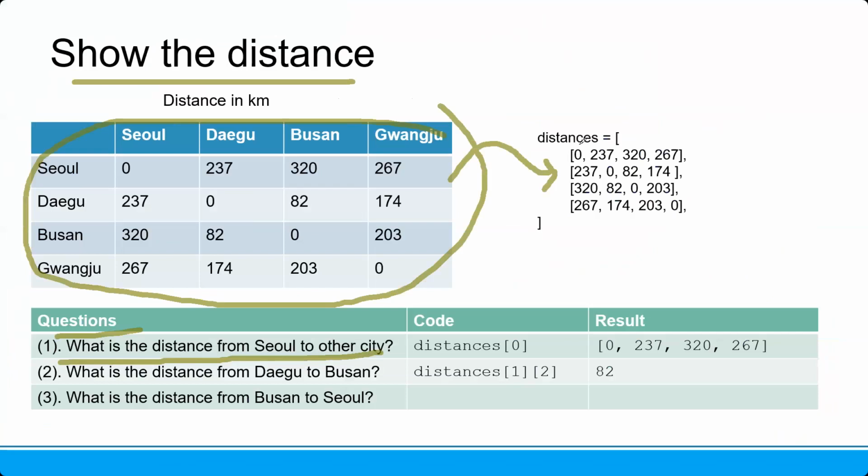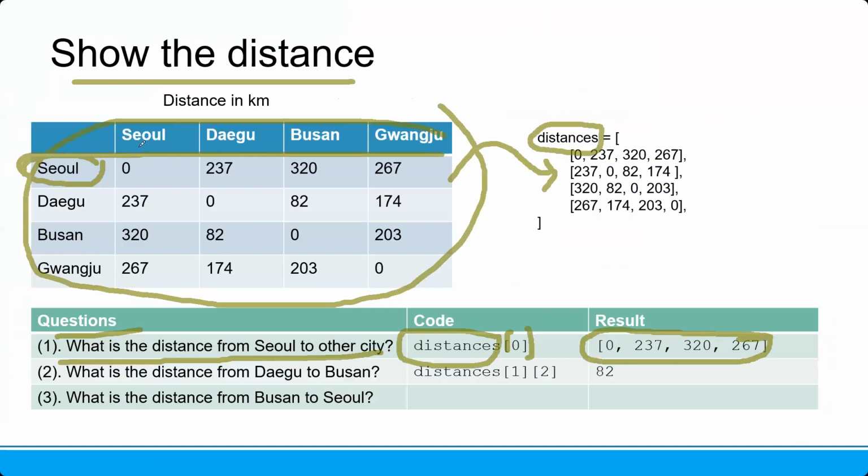Then we can call the variable name, which is distances, and then Seoul. Okay, we know that Seoul is in the index 0. Then we just call index 0. Then the result will be all the data in the row index 0.